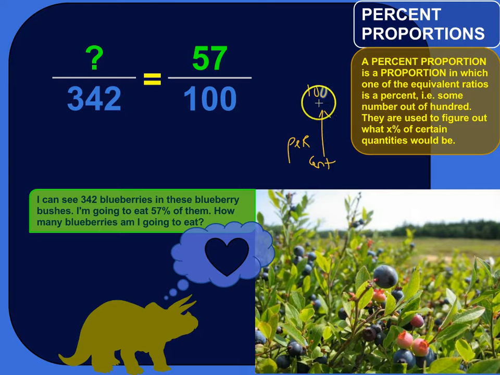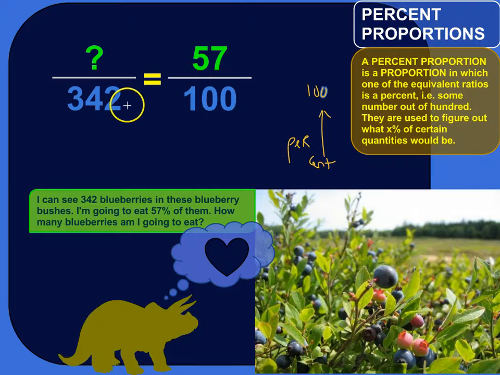So 100 cents make a dollar. A century is 100 years. What else? A centurion was a leader of 100 soldiers in the Roman Empire. So cent means 100, so per cent means out of 100.